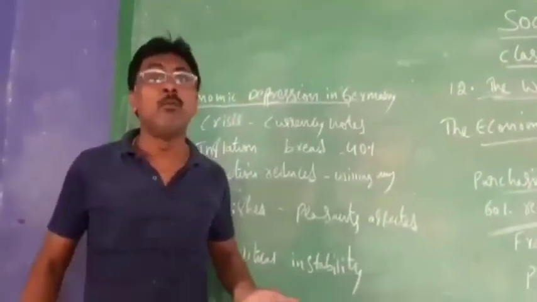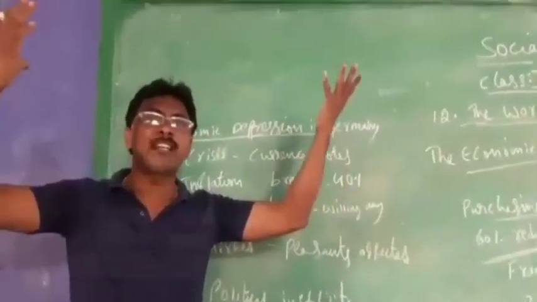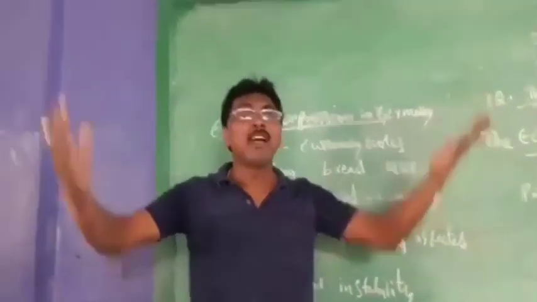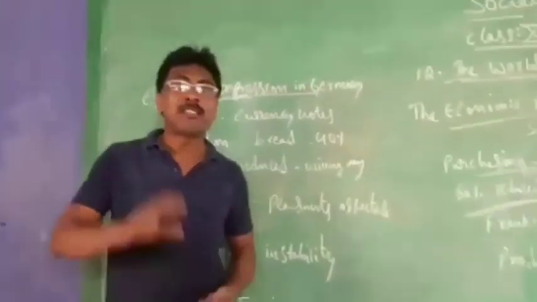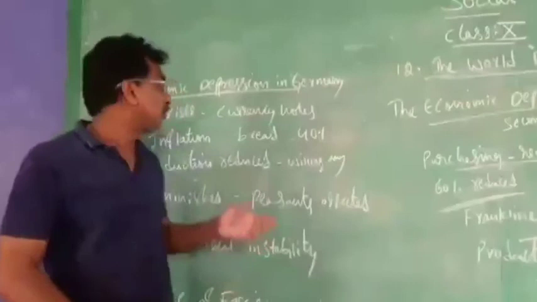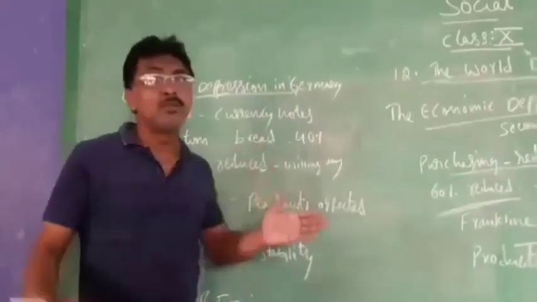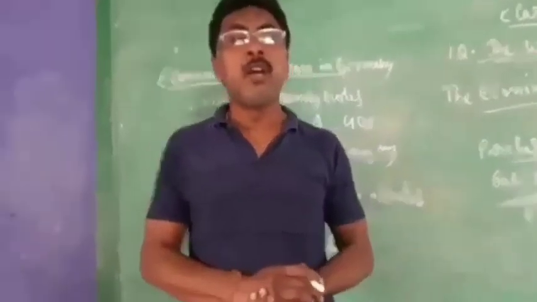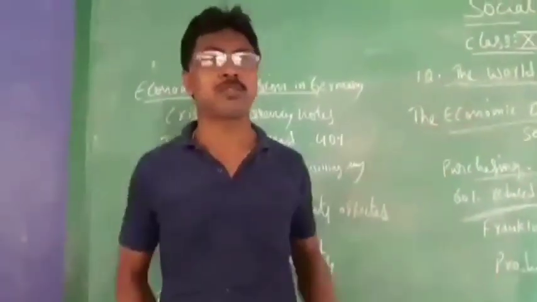So what happened? Everybody was receiving more money. And what happened in Germany? To purchase one bread, or some two pieces of bread, they had to give a bullock cart of money. That much it became. Why? Because everybody had a lot of notes.